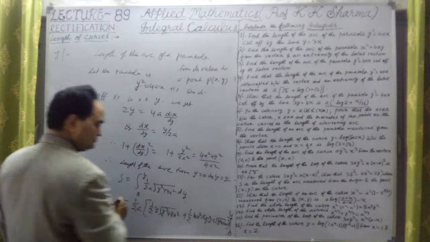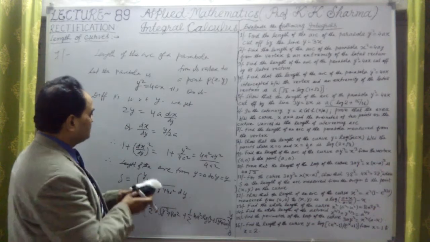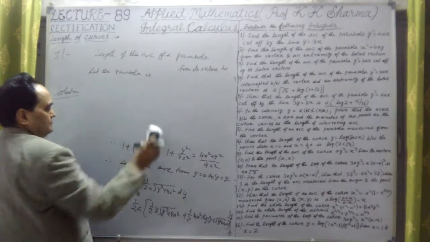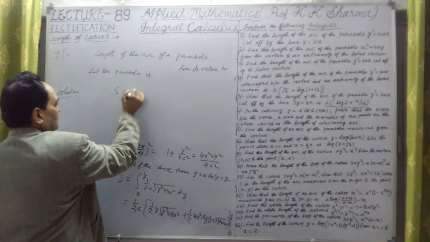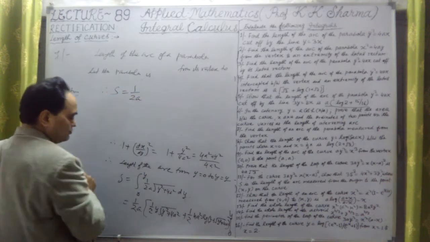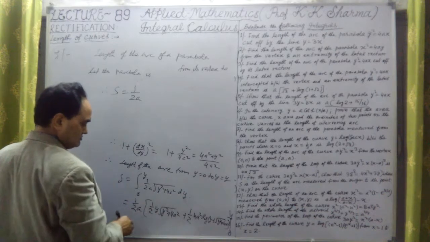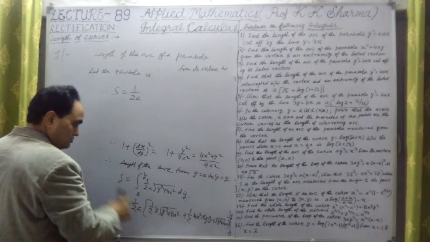Let me substitute that. Therefore, s will be finally equal to 1/2a. If I put the upper limit y, it will be y only, the same formula. It is 1/2a.